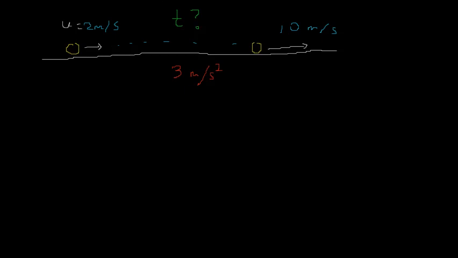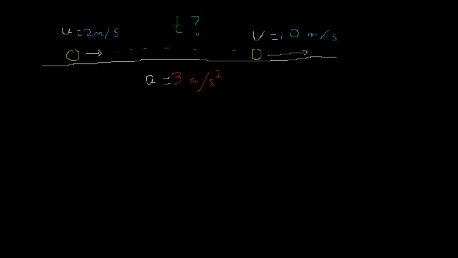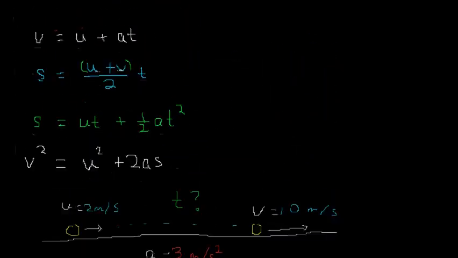We have the final velocity, which we often call v, and we have the acceleration. And we want to find the time. So we have u, a, and v, and we want to find t. So these are the four numbers: u, v, t, a.